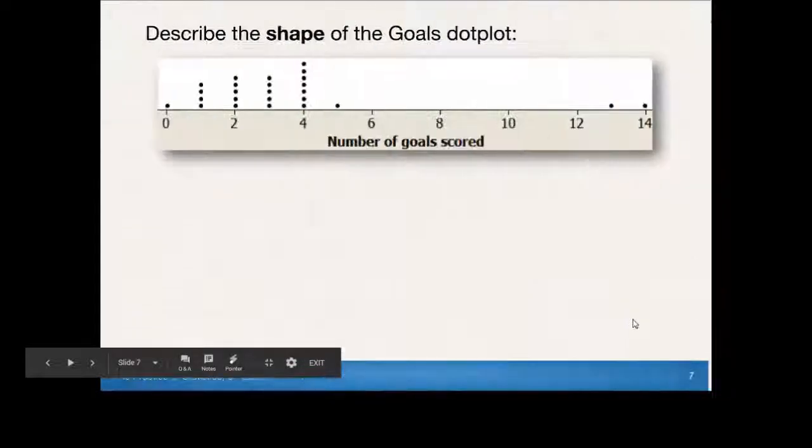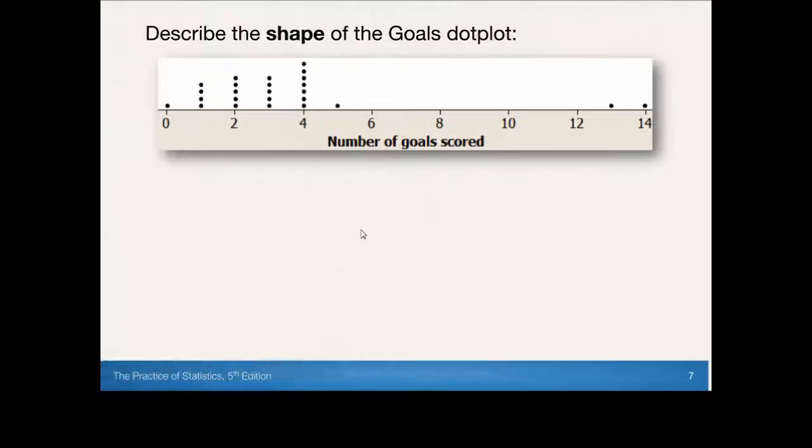It's a pretty strange definition. So let's take a look at the goals dot plot, and then let's go through our SOCS to describe it. So the shape, we can see that there is a main peak at 4, right? These two are about even, so we'll call it the main peak.